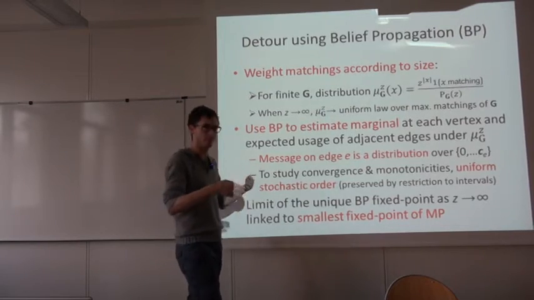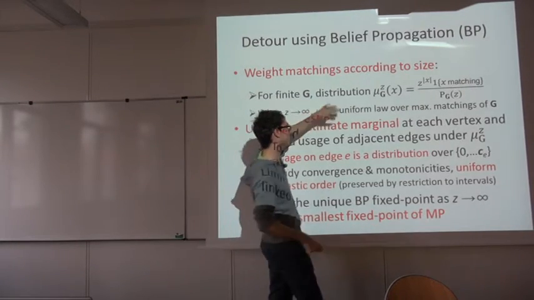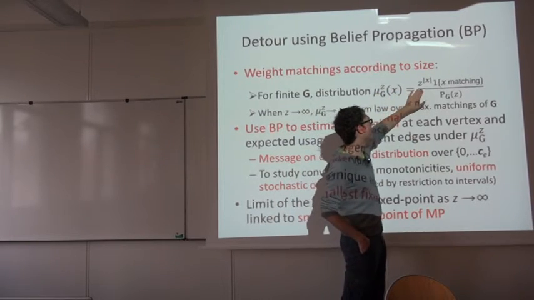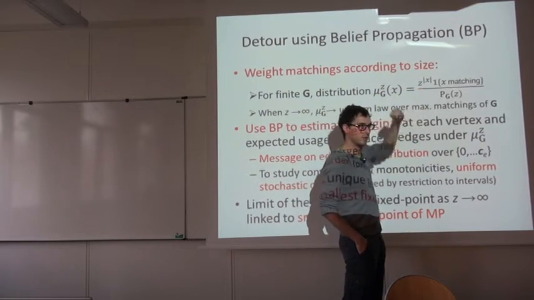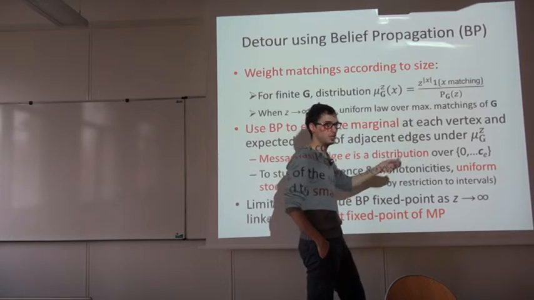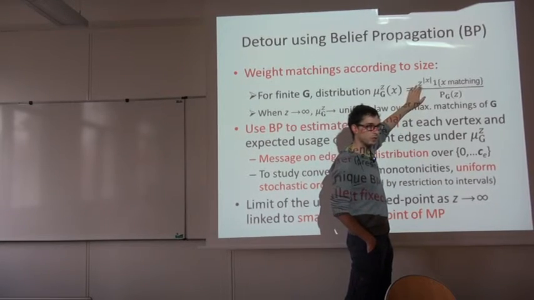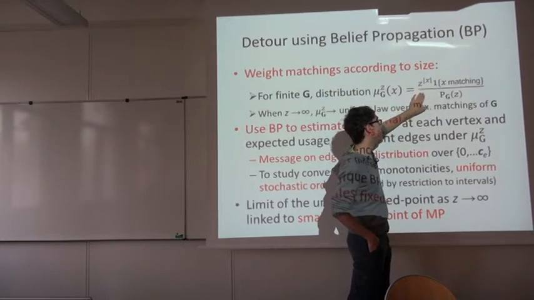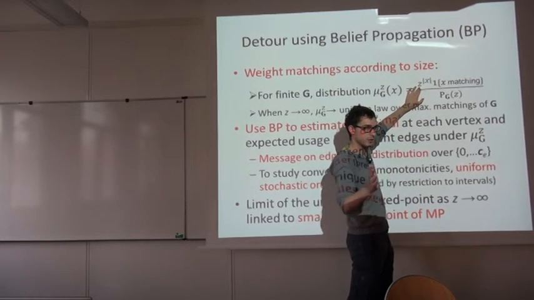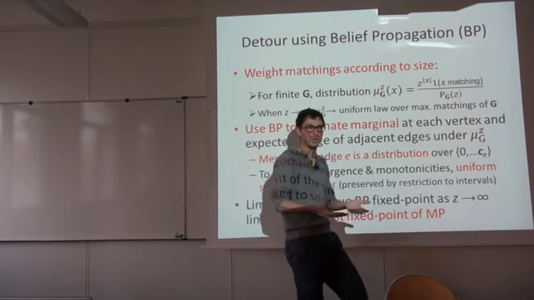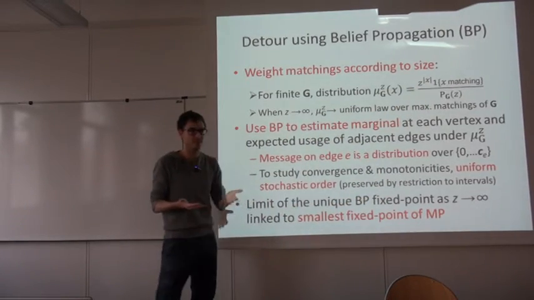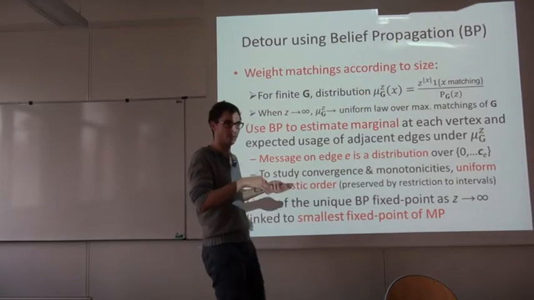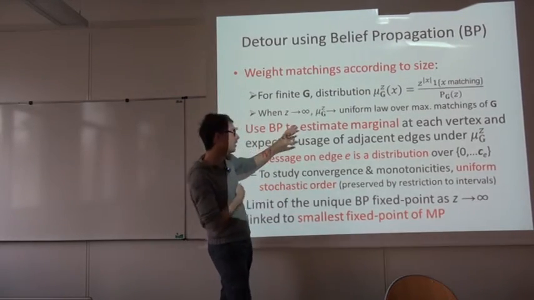We use a Gibbs distribution, where the probability of having a particular matching is proportional to some parameter to the power of the size of this matching. When we let this parameter tend to infinity, this distribution concentrates on maximum sized matchings, and hence we can recover again the maximum size of matchings.